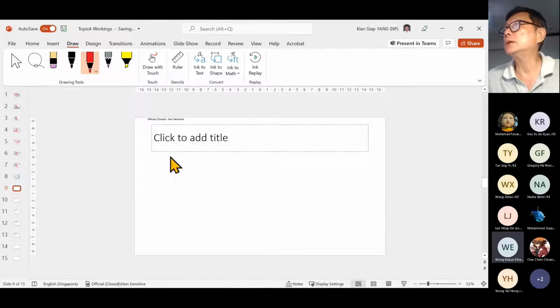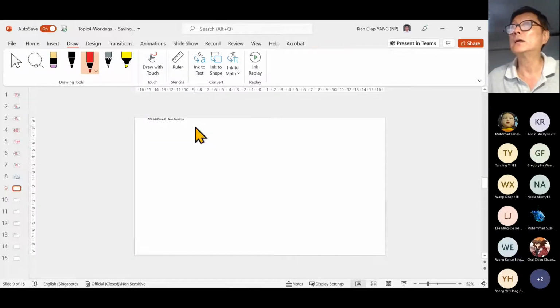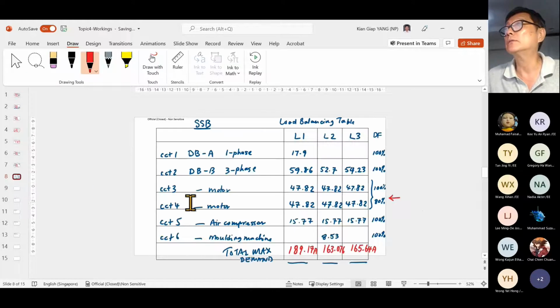So these are the steps that you must do. Every time you do load balancing, you must declare. After all the calculation ready, right? After all this calculation here, I must declare.